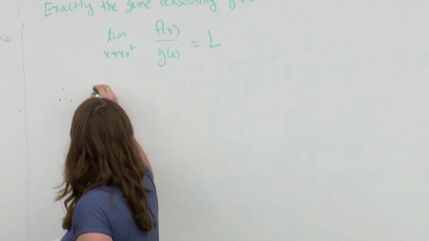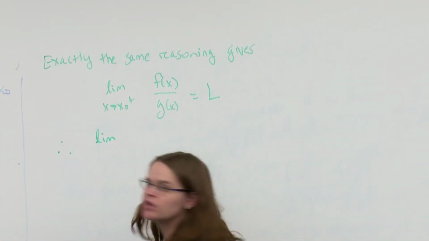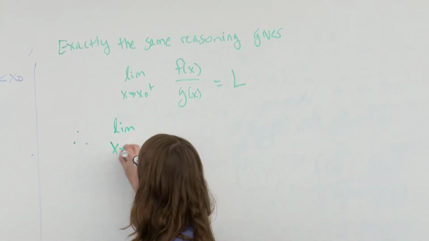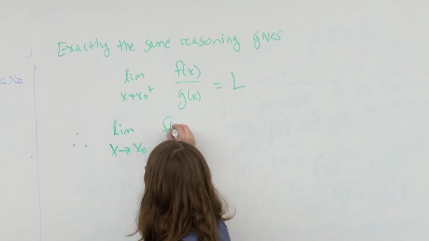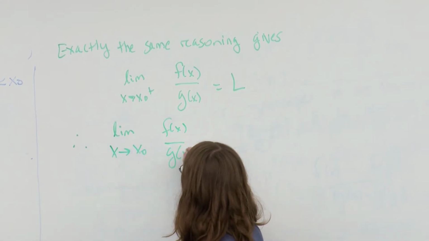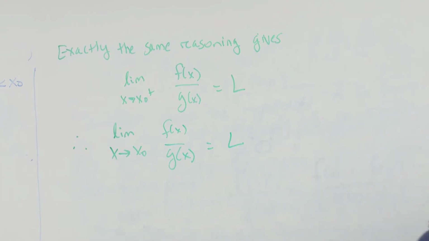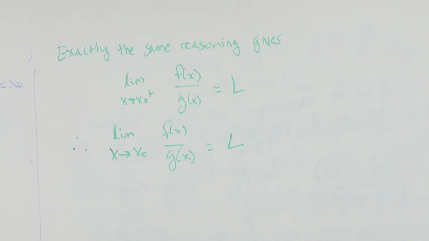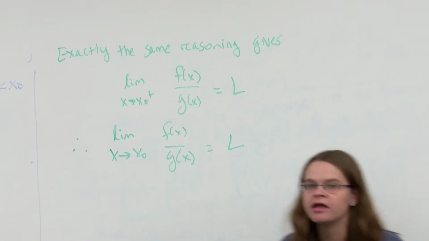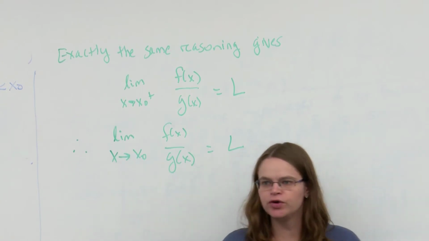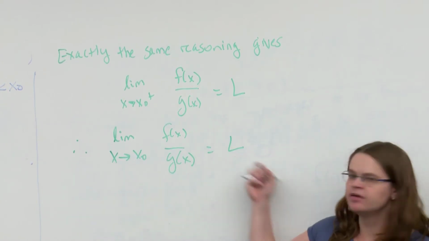And then we can conclude, well, if the limit from the left is L, the limit from the right is L, then we've got a limit. So the limit of f of x over g of x is equal to L. And that is at least one case of L'Hopital's rule, the 0 over 0 case, where we have a finite limit.